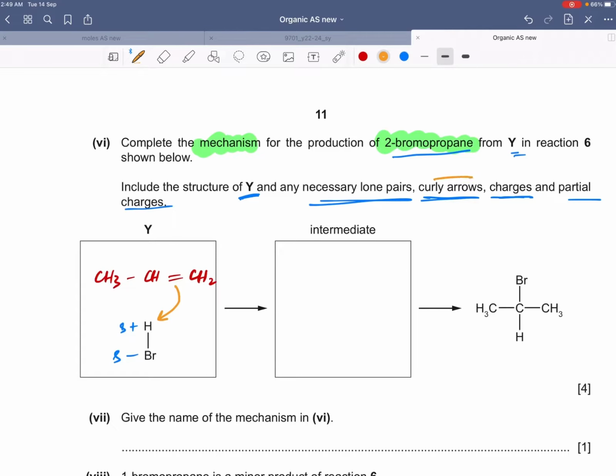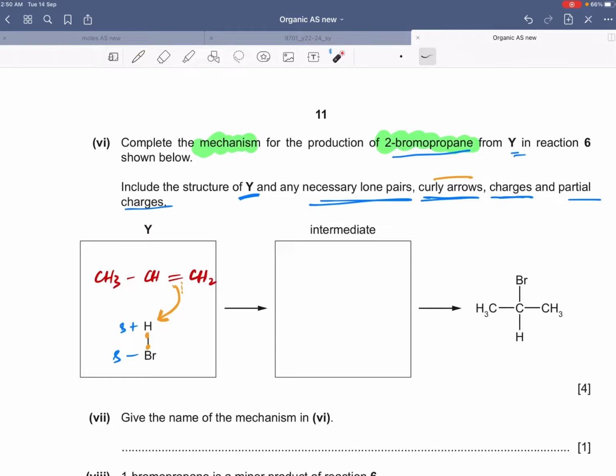We have to draw the curly arrows. As the pi electron density starts transferring its electron density to hydrogen, the bond between hydrogen and bromine, which is already polar with bromine electronegative, is attracting the electrons towards itself. And hydrogen cannot make two bonds. It has already formed one bond with Br. Now this pi electron density is transferring towards hydrogen, so it has to break its bond with Br.